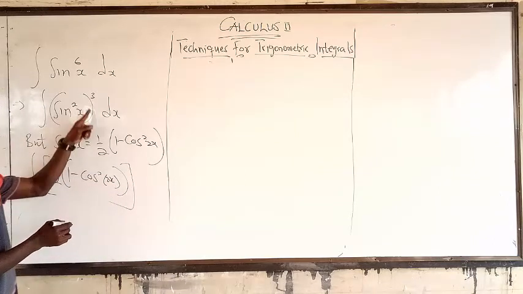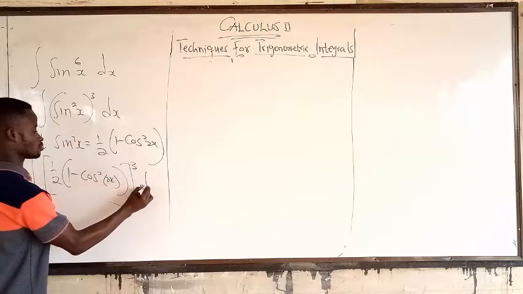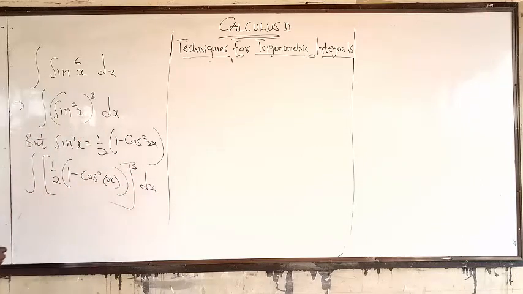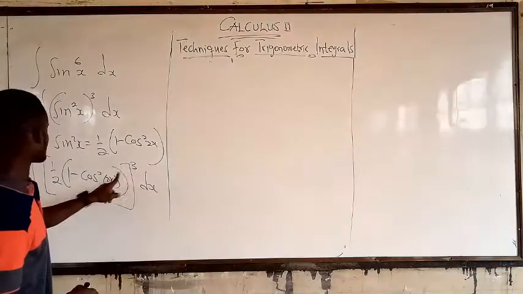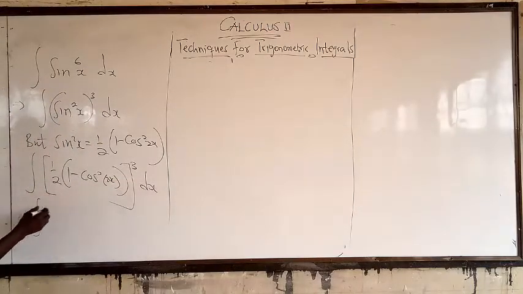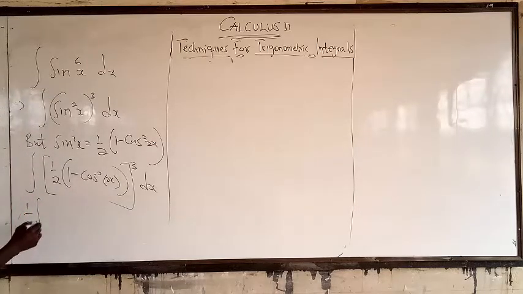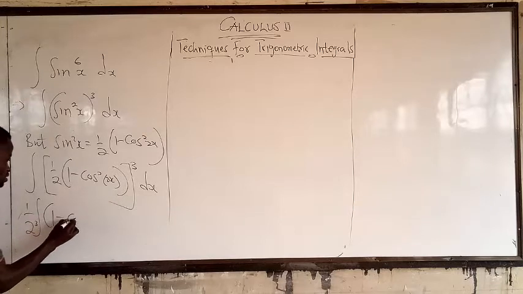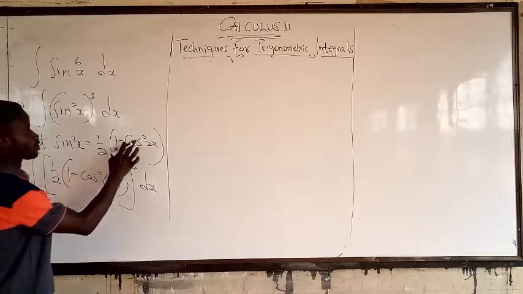And then the whole of this is the inside, so we bring the power 3. Then you can see that the power 3 will affect the half. So here we get 1 over 2 raised to power 3. After that, we will be left with 1 minus cos 2x.